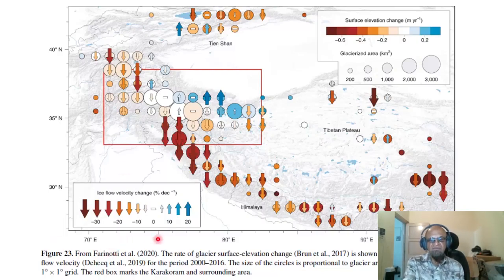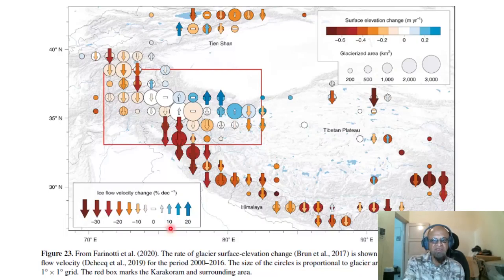This is the rate of glacier surface elevation change as shown with ice flow velocity for the period 2000 to 2016. Sorry, the surface elevation changes shown together with changes in ice flow velocity. The size of the circles is proportional to glacier area.